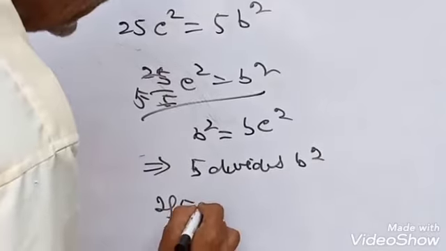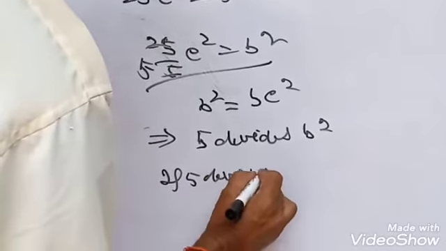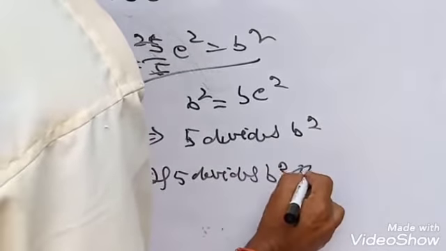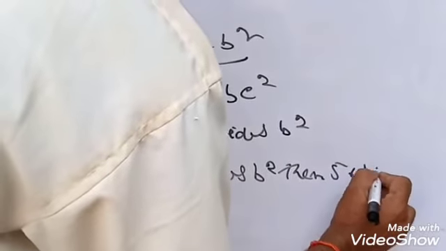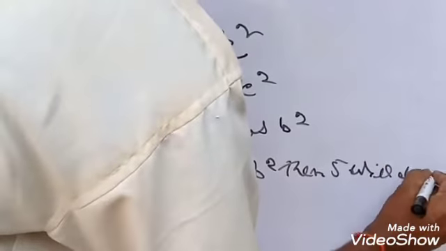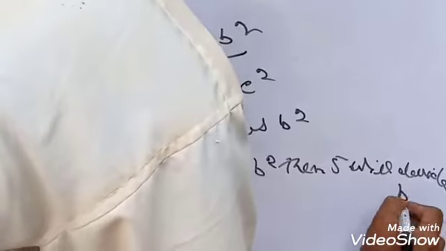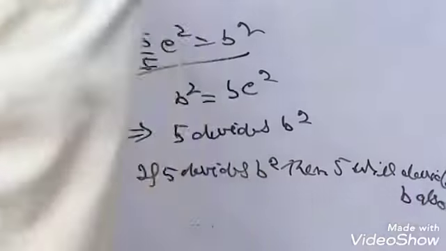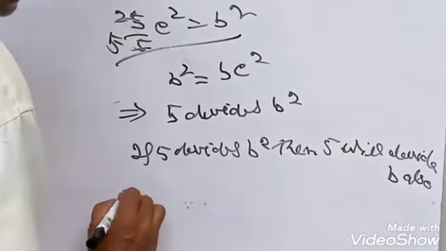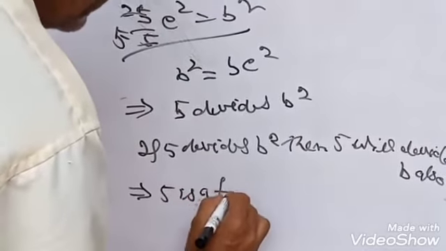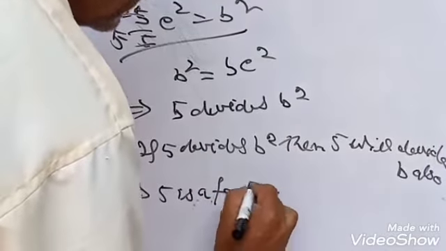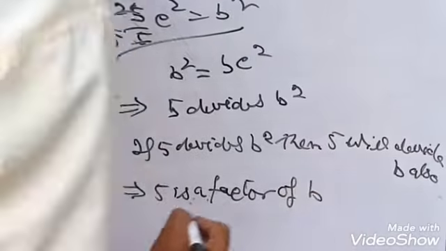If 5 divides b square, then 5 will divide b also. This implies 5 is a factor of b.